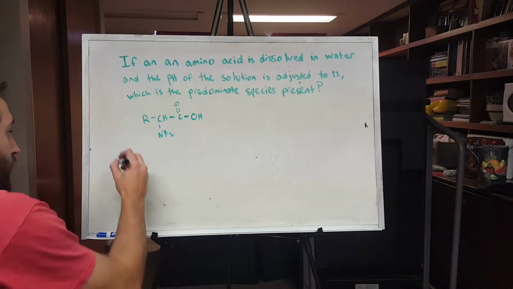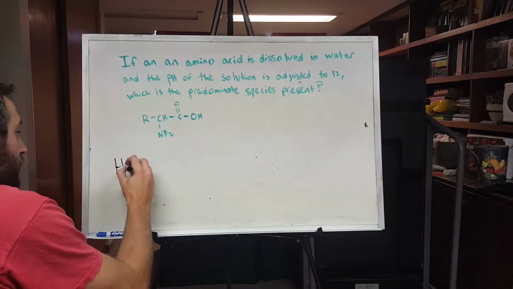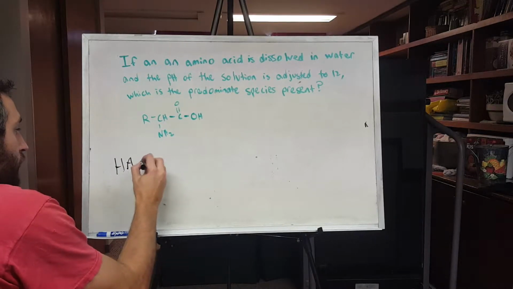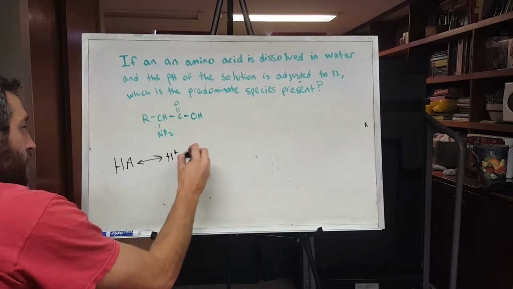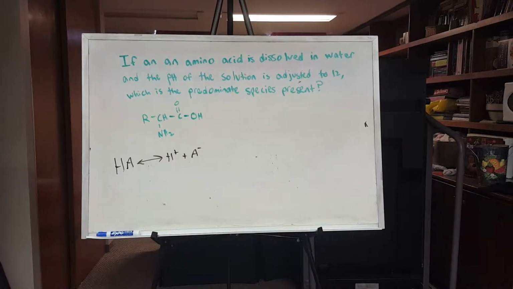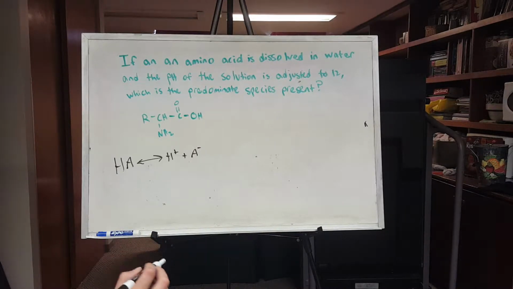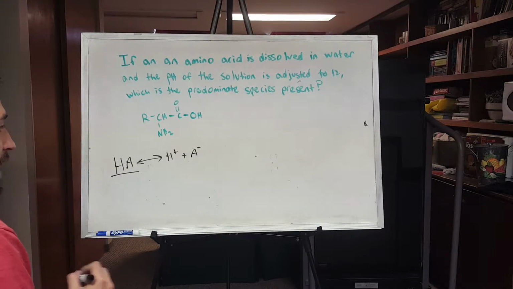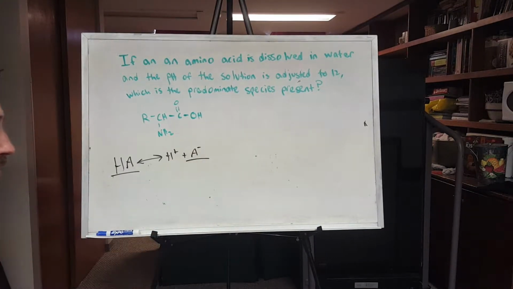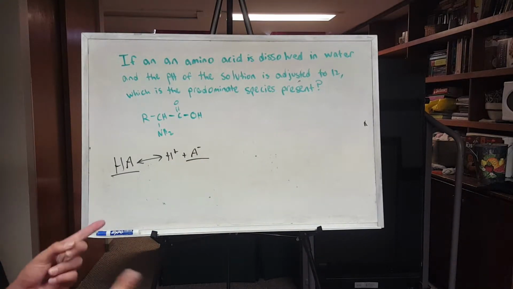So pKa, if we just have an acid in equilibrium with its conjugate base, the pKa is the pH at which this ratio of acid to conjugate base will be 1-to-1 in solution.